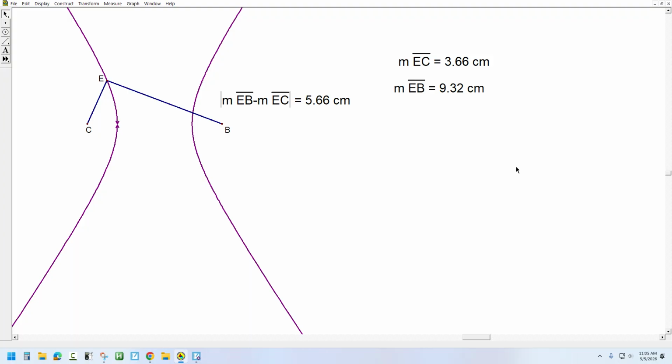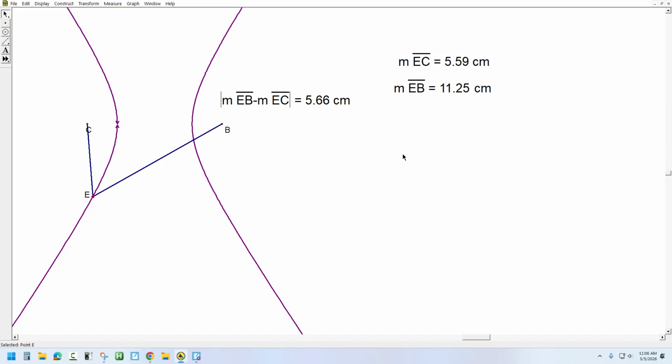As we measure the distance, you'll notice these two numbers are going to change. But if you look at the difference between those two numbers, it will always come out to 5.66. 5.66 is just the number for this hyperbola. Different hyperbolas can have different numbers, but this one is always 5.66.